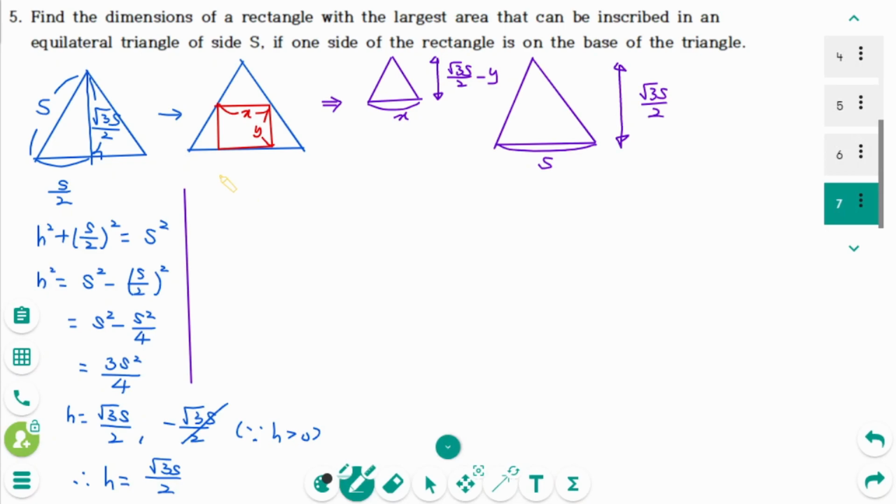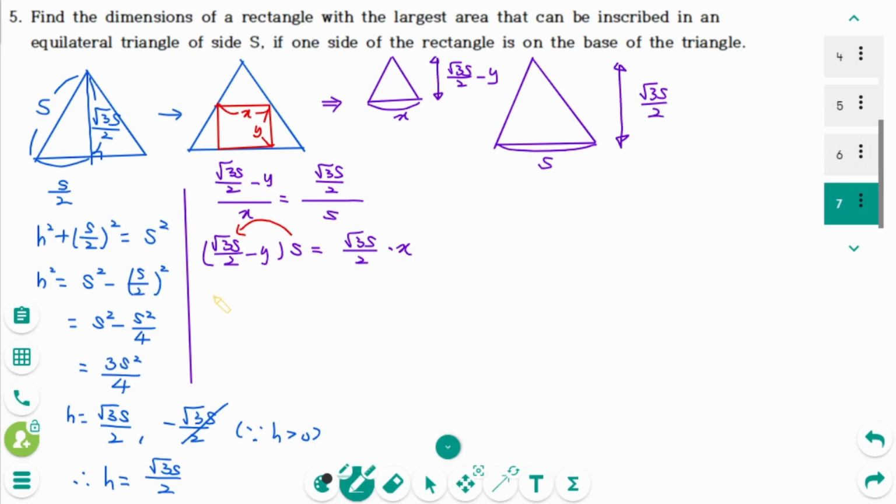Using similar triangles, (square root of 3 s over 2 minus y) over x equals (square root of 3 s over 2) over s. Then cross multiply. (Square root of 3 s over 2 minus y) times s equals square root of 3 s over 2 times x.